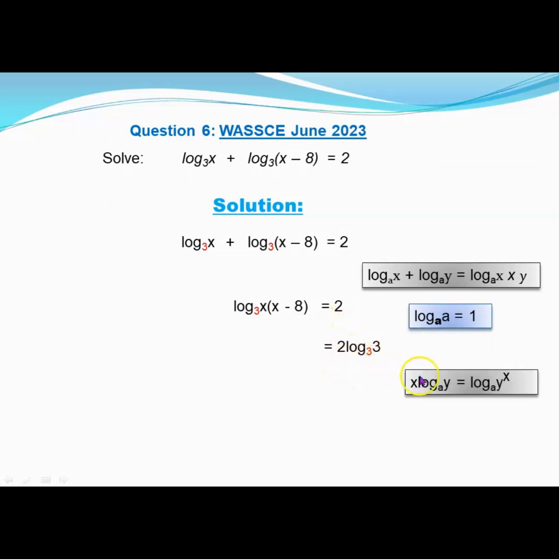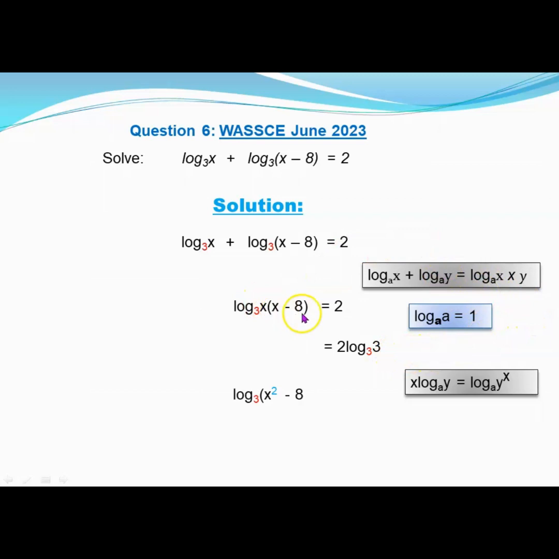Now, remember this property as well: if we have x log base a of y, it will be equal to log base a of y to the power of x, right? So this will become this. Now let's apply this to the right hand side of our question as well.